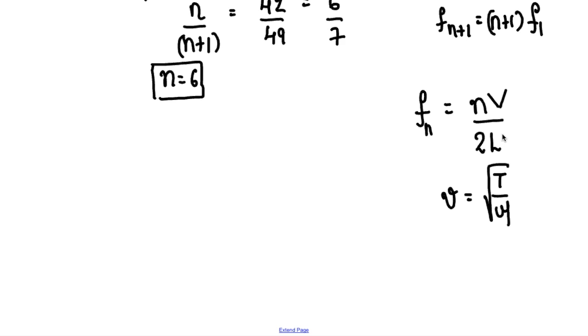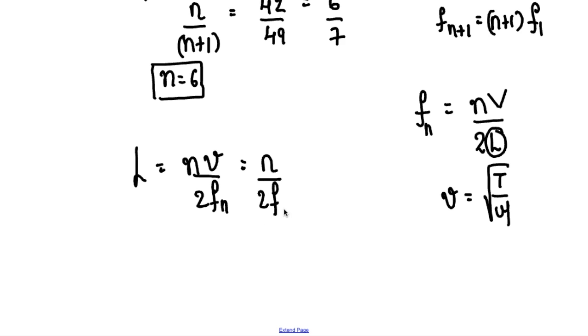So what I need is L. So I'll make L the subject. L is equal to nv by 2Fn, or I can say that it is equal to n by 2Fn into root of T by mu.